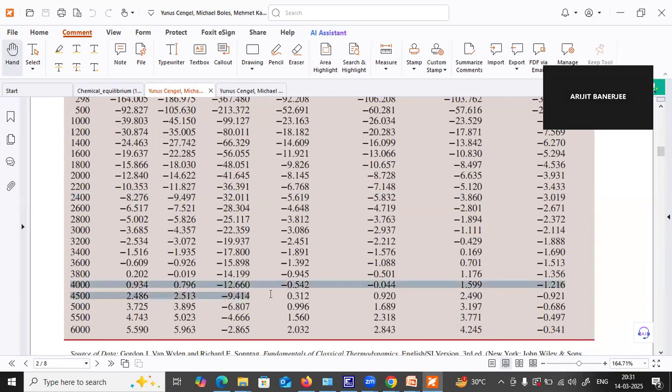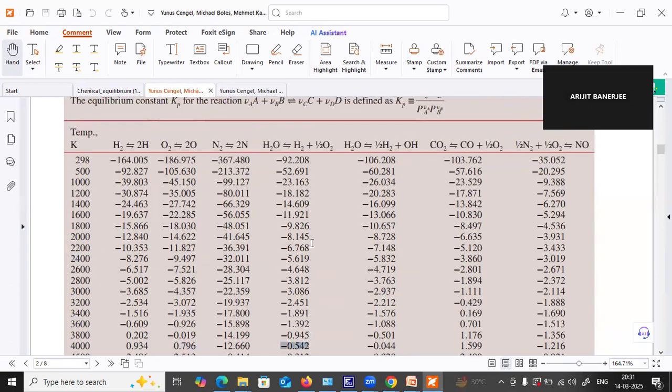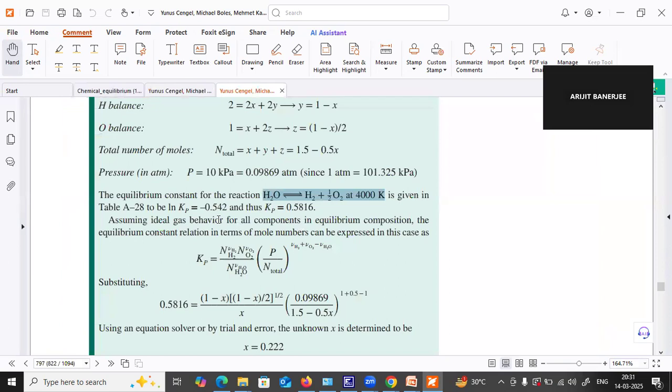This value, it is minus 0.542. So that is the logarithmic value of the equilibrium constant. If I want the equilibrium constant, I just raise e to the power of this. Therefore, e to the power of minus 0.542 will be this one.